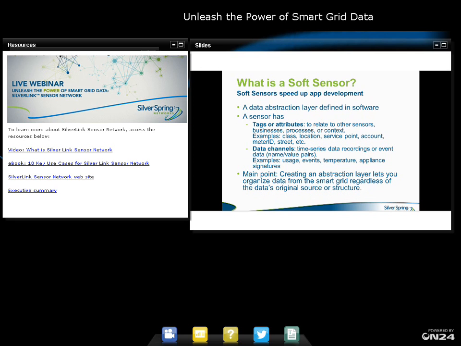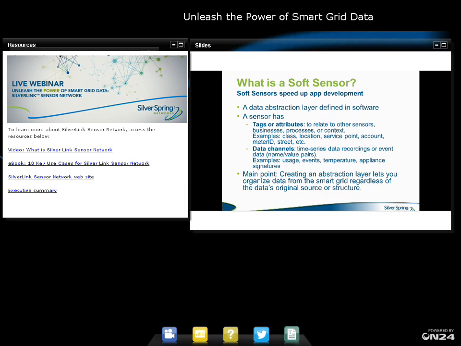So the question we often get asked is, okay, that sounds interesting. What is a soft sensor? So we've described it a little bit, but the data abstraction layer that's defined in software is the key. That software sensor allows us to be tagged and to provide attributes and to fit context around that particular thing.